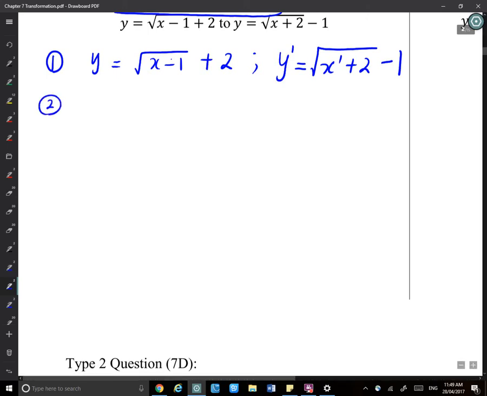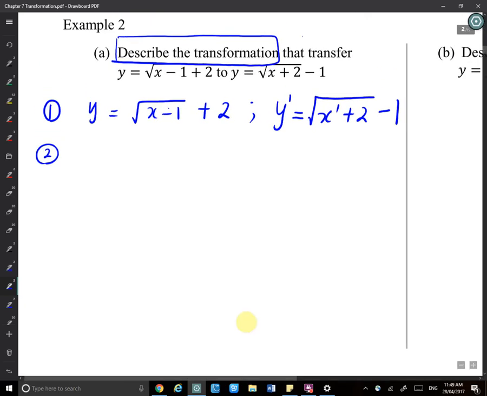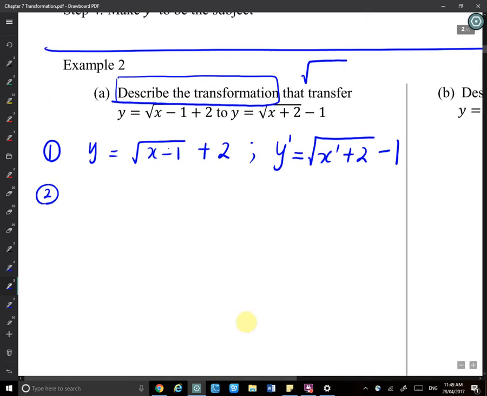Step number 2 will be, okay, this will be the tricky step. Move all the constants and coefficients to the left. Only leave the model on the right hand side. What can be a model on the right hand side? Square root can be a model.